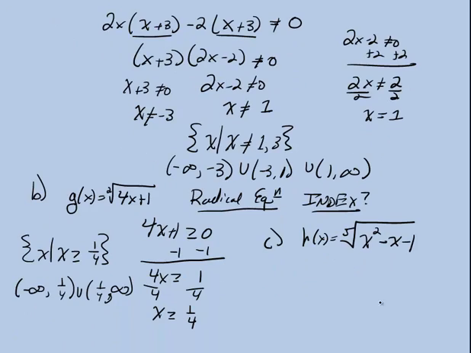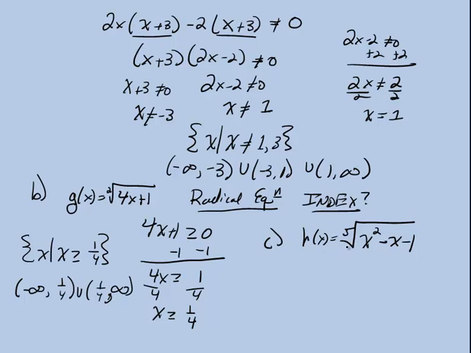So this problem differs from the one prior in the fact that the radical's index in this circumstance is an odd value. And remember, when we have an odd index, we can take the root of both a positive and a negative value. In the circumstance of having an even index, we know that we can only take that root of a positive value. We cannot take it if it's negative.